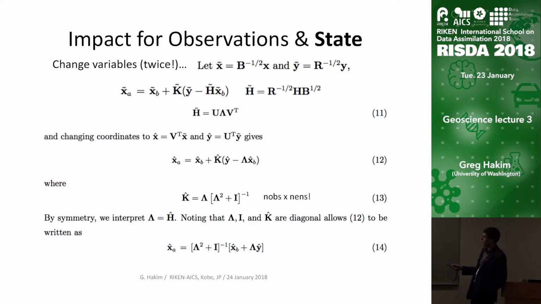We are now going to map to a hat space by projecting the tilde variables using these right singular vectors. So essentially, these are linear combinations of the state.